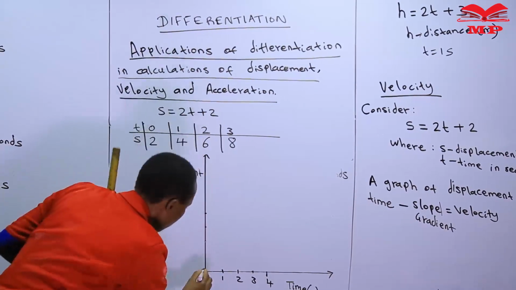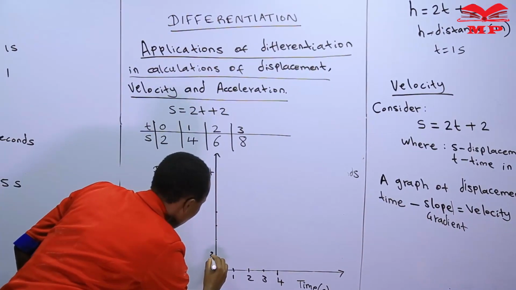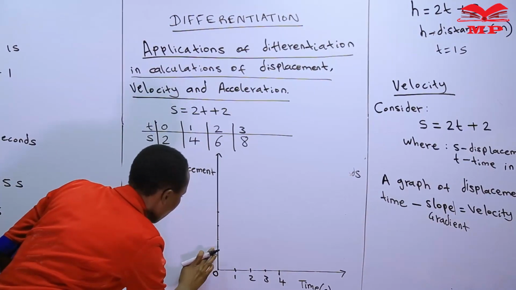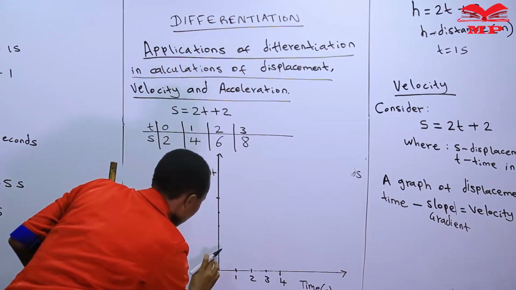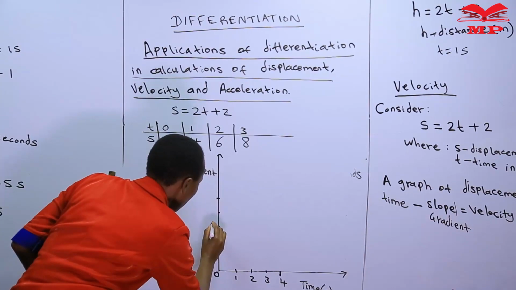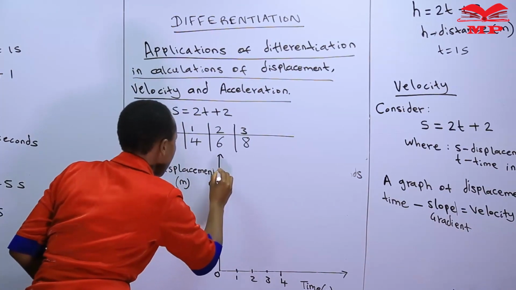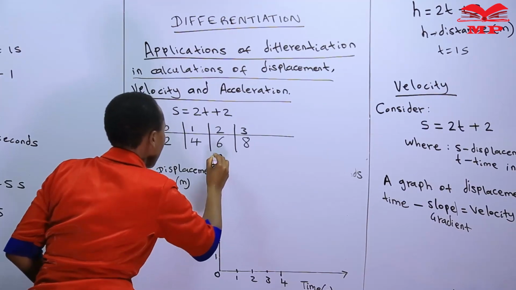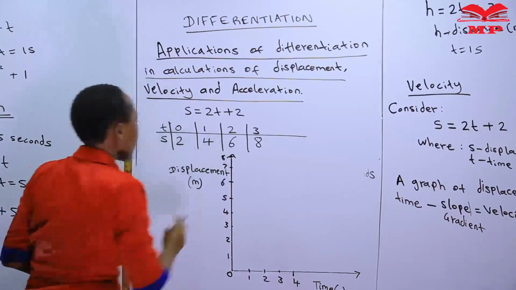So in our case we have 0, then 1 up to 8, so this is 1, 2, 3, 4, 5, 6, 7, up to 8 there.